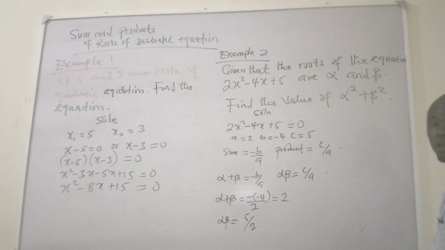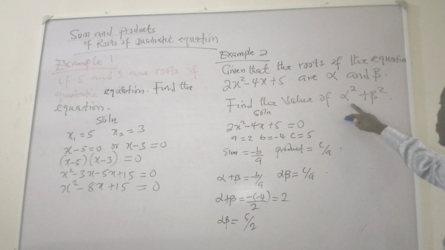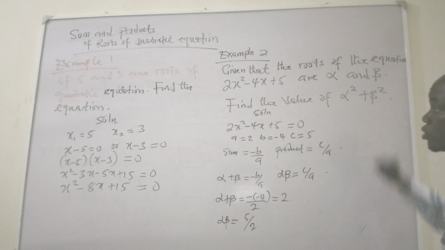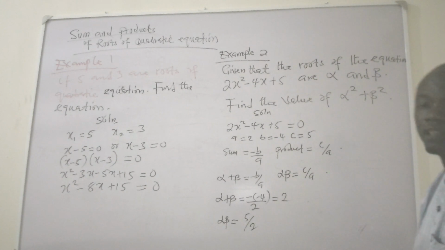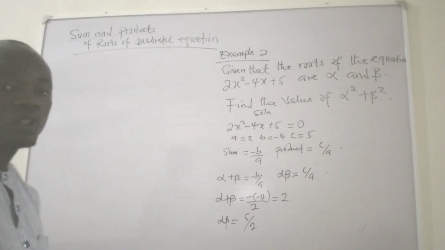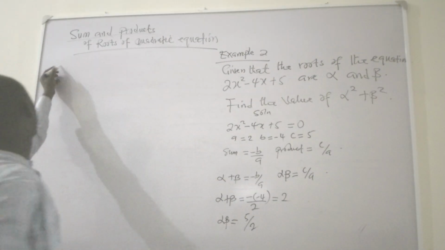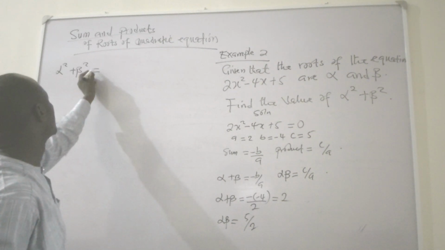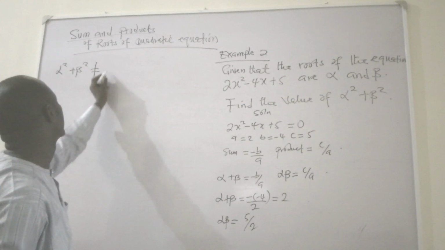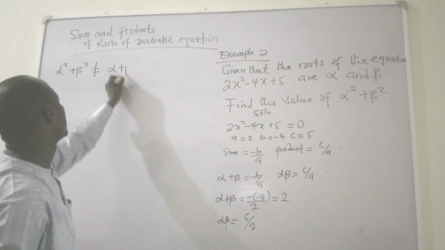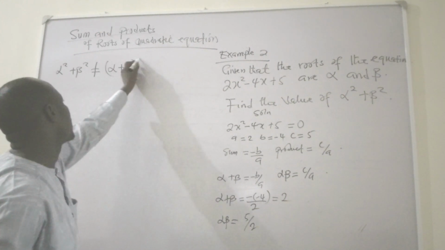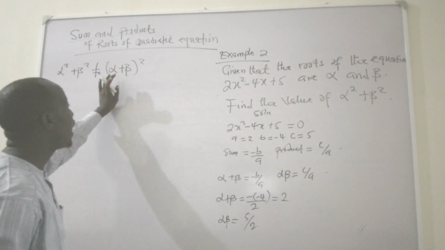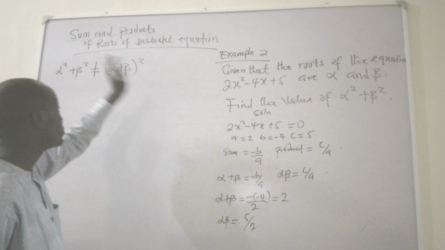And then from here, we are going to get alpha squared plus beta squared. And how are we going to get alpha squared plus beta squared? So alpha squared plus beta squared is not equal to (alpha plus beta) squared.